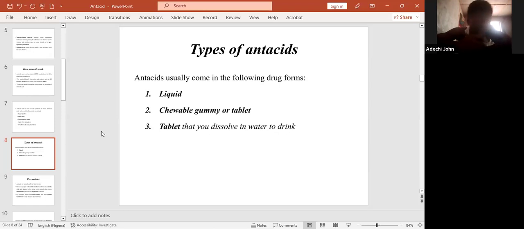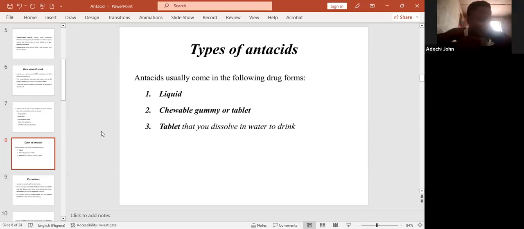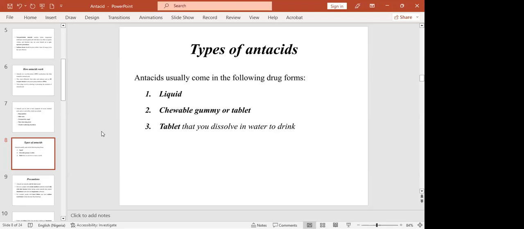Anybody can help him. Gascol, yes. Gascol is an example of a liquid antacid.